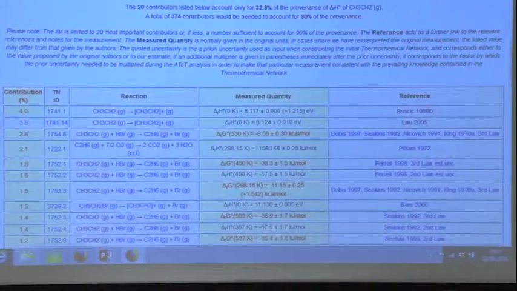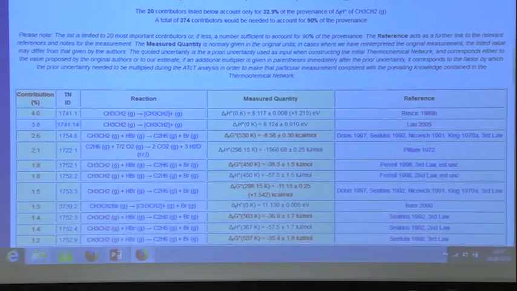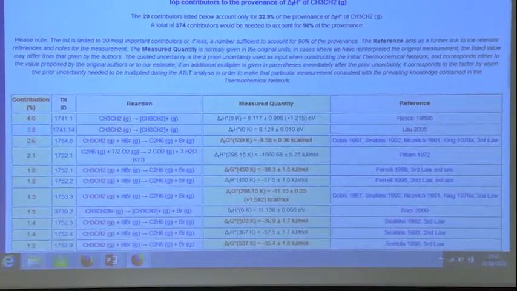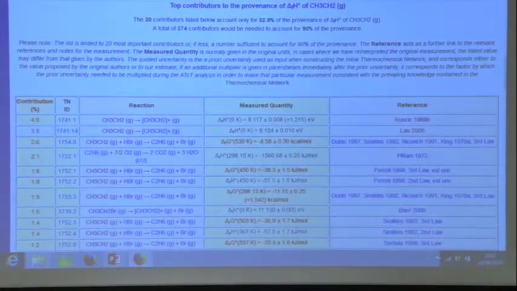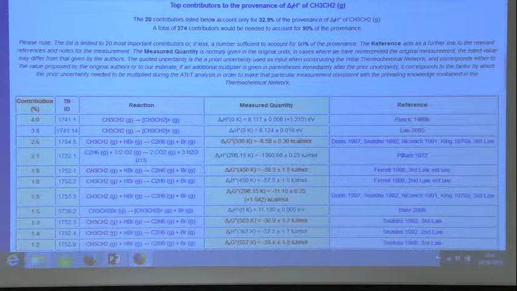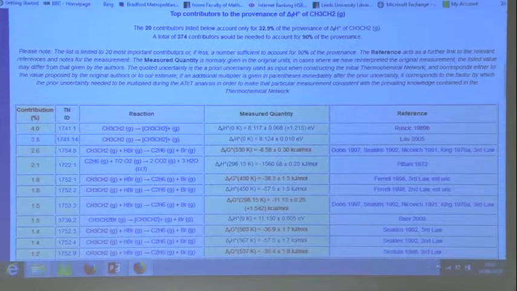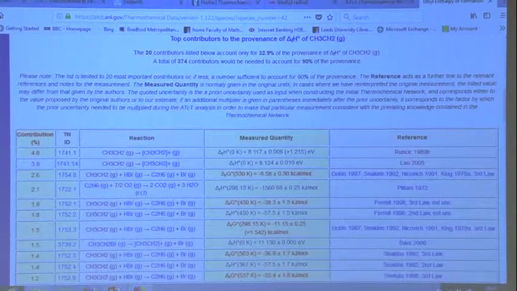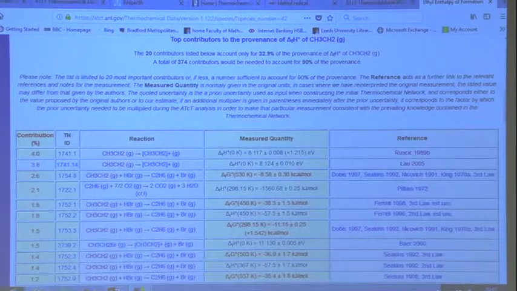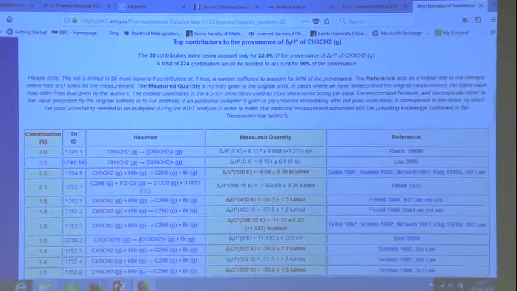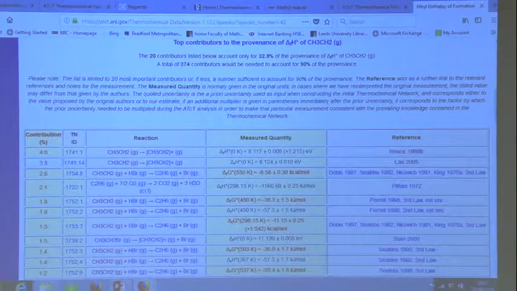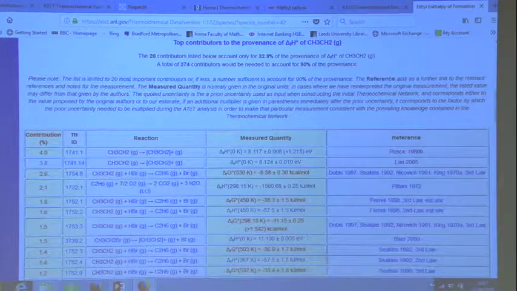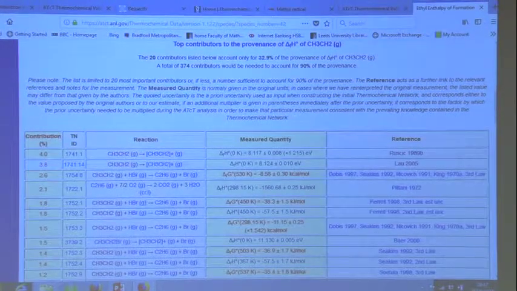The third entry at 2.6% is a kinetics measurement, ethyl plus HBr going to C2H6 plus Br, and that is actually several determinations at this same temperature of 530 K. So you can see once again that a lot of data have been put into these active thermochemical tables, and they're giving rise to these really very accurate determinations.